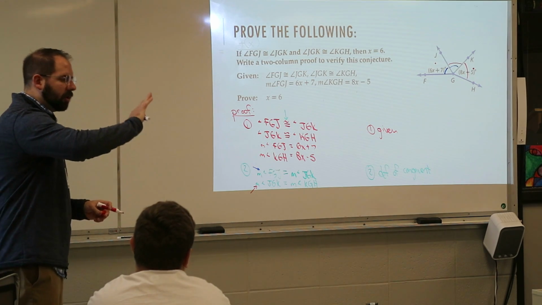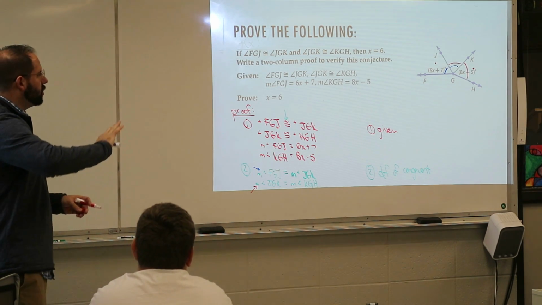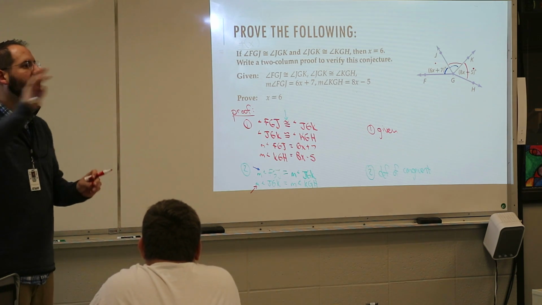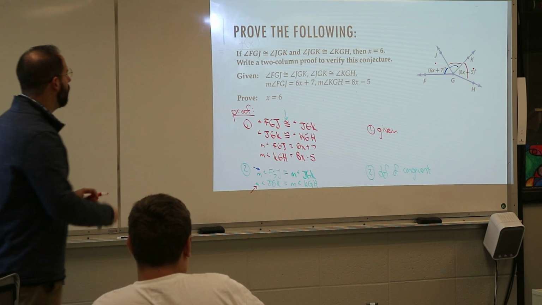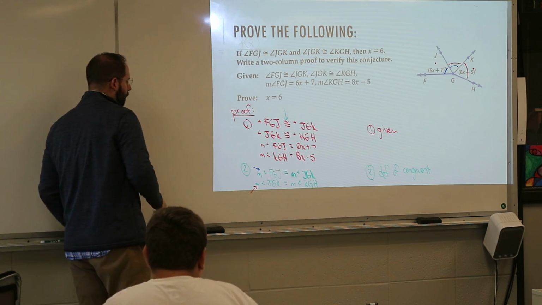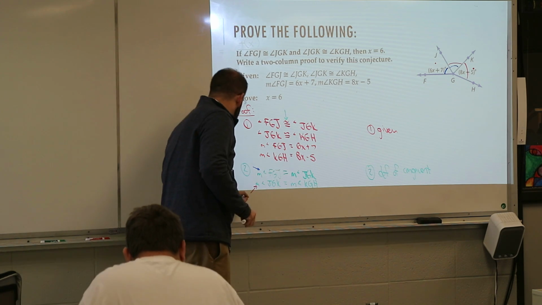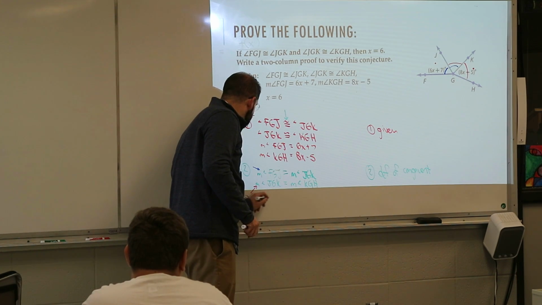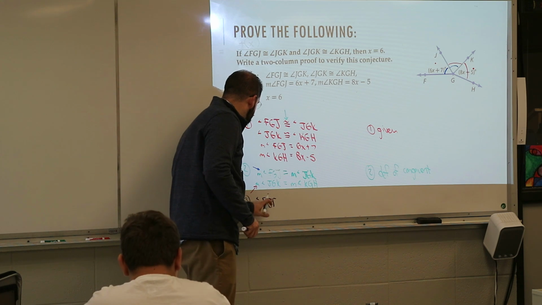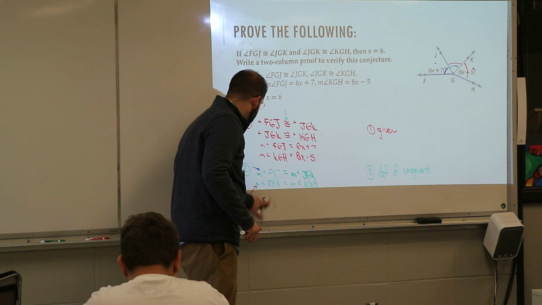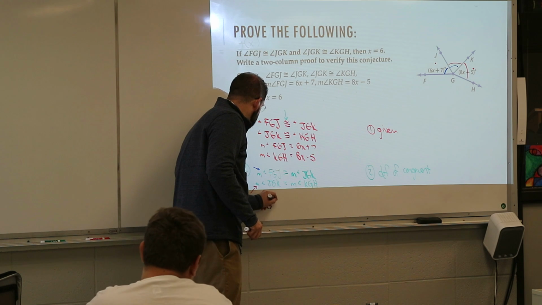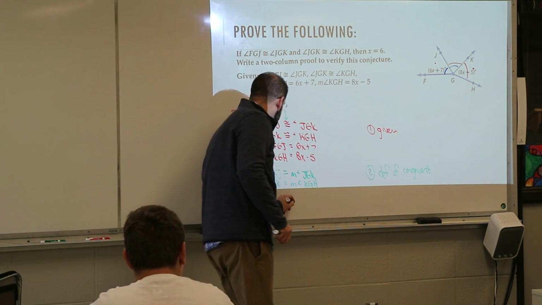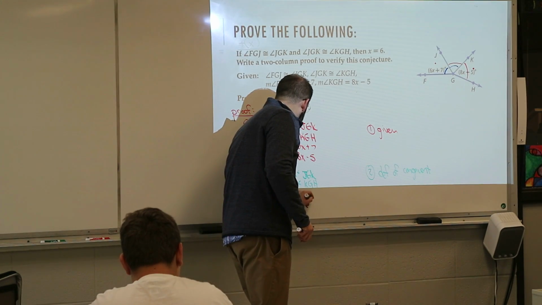It's looking at a chain of events, chain reaction kind of a thing, where one is equal to another, which is equal to another, which is equal to another, so they should all be equal to each other. So, in the long run, line number 3, this step, I'm going to start with the first angle, FGJ, out of order, FGJ, that measurement should be equal to the measurement of angle KGH.